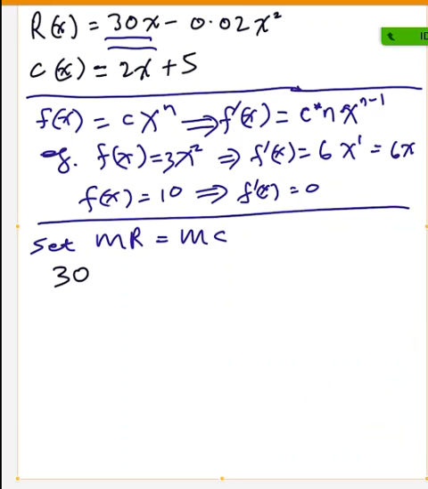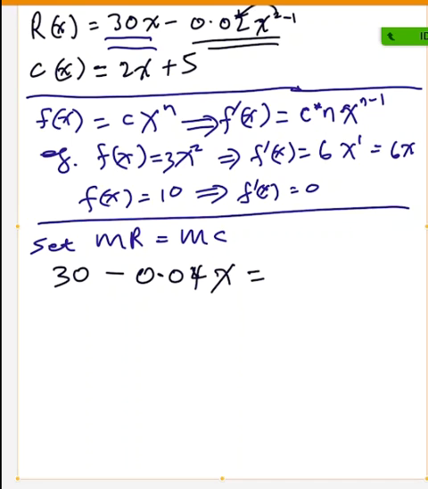The second portion, how do we find the derivative again? This x raised to the power 2, multiply this by that. So we are going to get minus 0.04, and subtract 1 from that exponent. So you end up with x again. Set this equal to marginal cost.